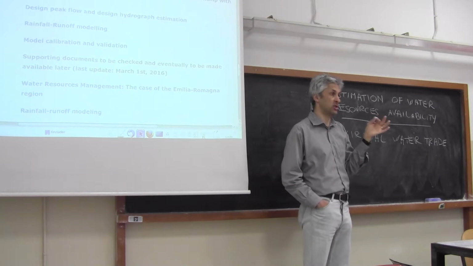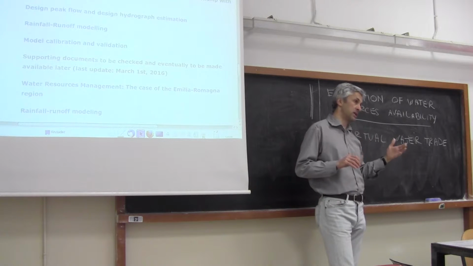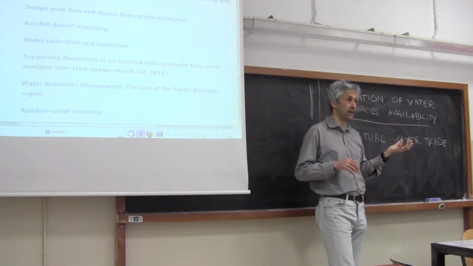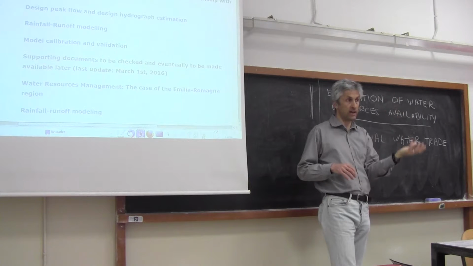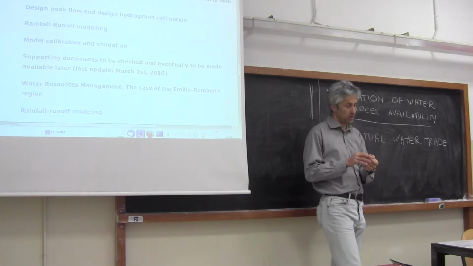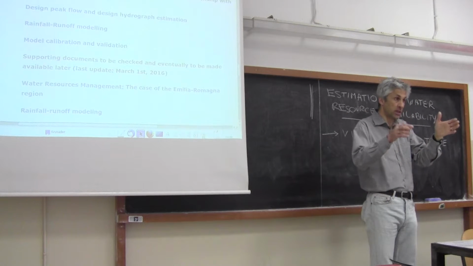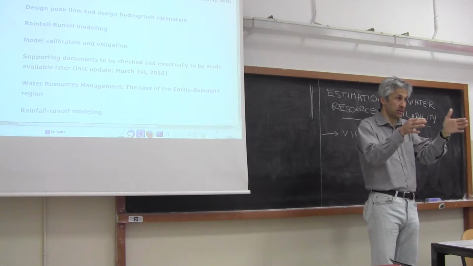Even if climate change is posing the threat that the past is not representative of the future, observations are still and nevertheless the starting point. And this is a concept that I really would like to highlight, because even if the future will be different from the past, we need to start from a knowledge of the system in the past and in the current situation.